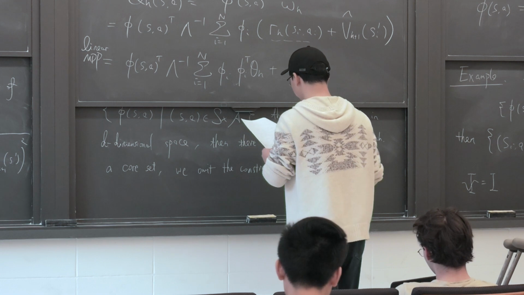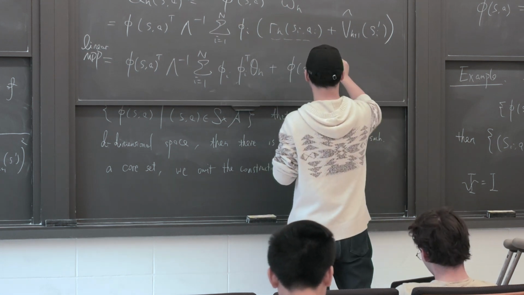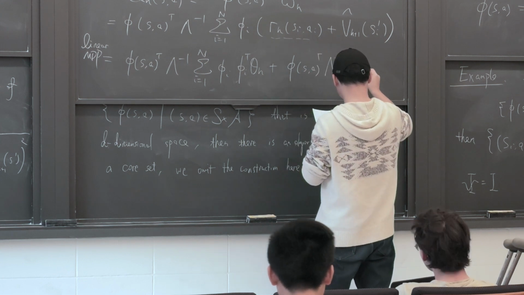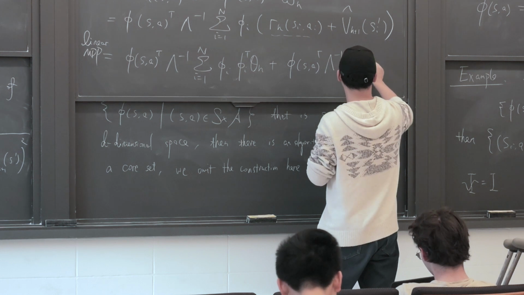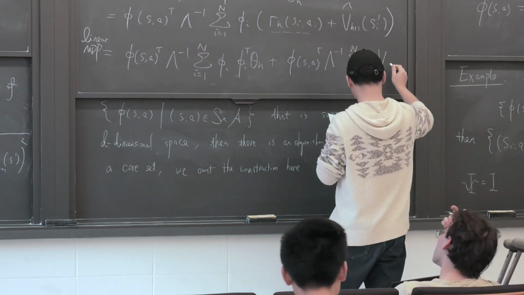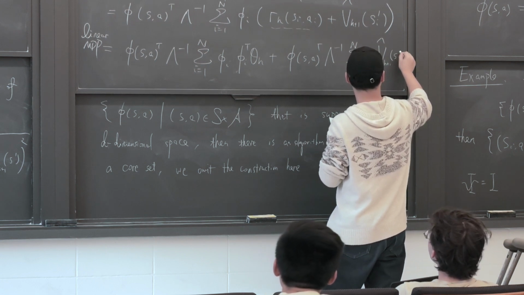And then we copy the second term: transpose lambda inverse, summation i from 1 to n, phi_i V_{h+1} hat(s_i').